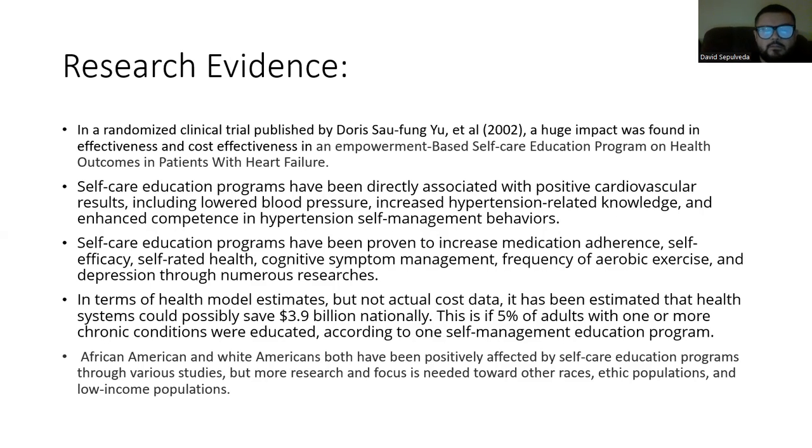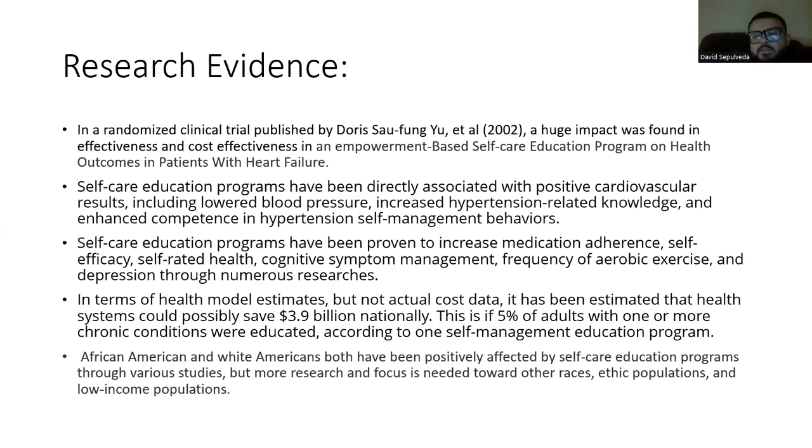Also, in terms of health model estimates, but not actual cost data, it has been estimated that health systems could possibly save $3.9 billion nationally. This would come into effect if 5% of adults with one or more chronic conditions were educated on self-management from a particular program.